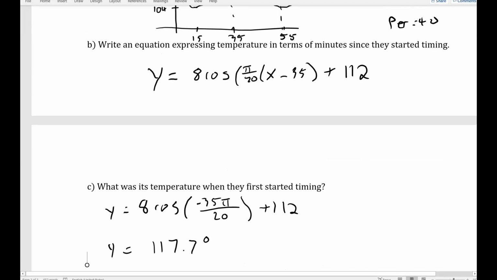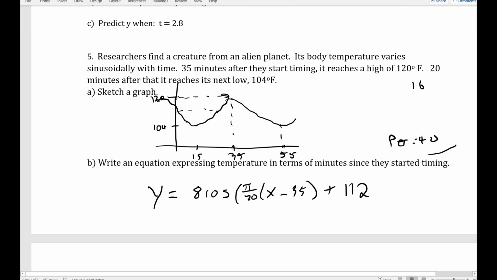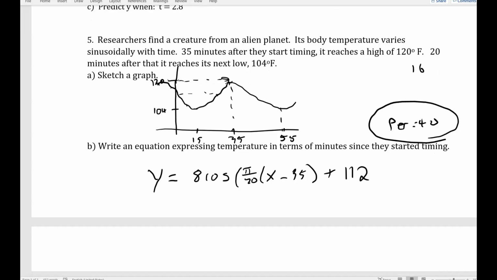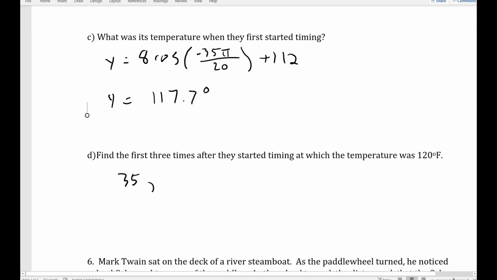And we know that because its period is 40, it's coming every 40 minutes. So if we add 40 to 35, that'd be 75. And then if we add 40 again, that would be 115. All those are minutes.